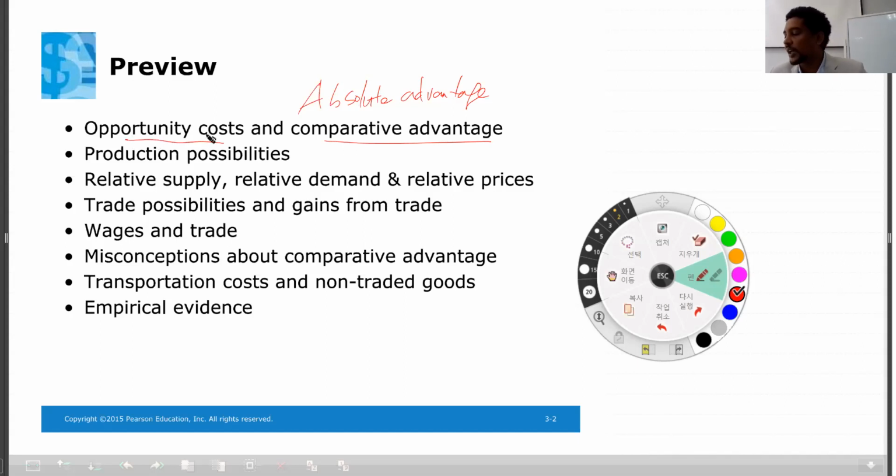So in international trade, when we say a company is competitive enough, we are referring to comparative advantage, not absolute advantage. In this chapter, you will identify what is absolute advantage and what is comparative advantage. And as I've said, in international trade, we focus on comparative advantage, not absolute advantage. Comparative advantage is when you see the opportunity cost.